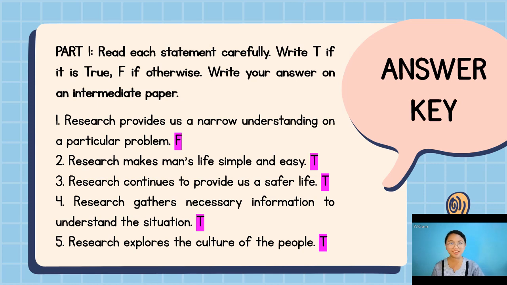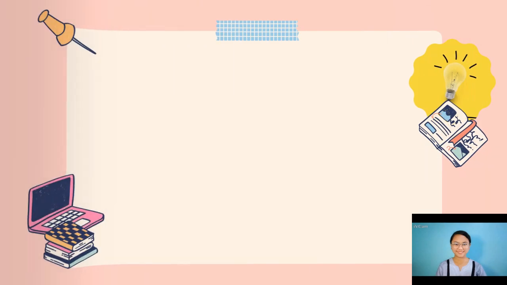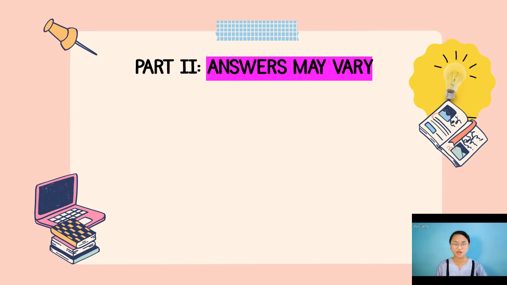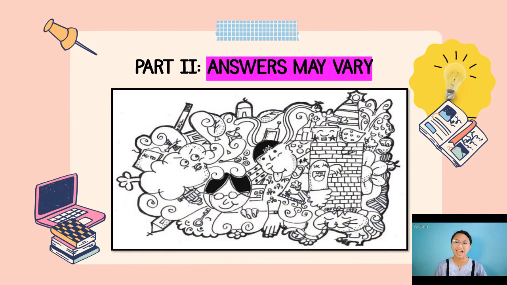Number 3, true. Number 4, true. And number 5, also true. For the doodle part, your answers will vary. I will be the one to check it. Nonetheless, you all deserve a big round of applause for a job well done. Congratulations!